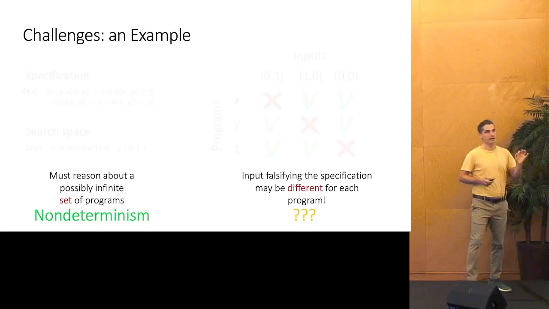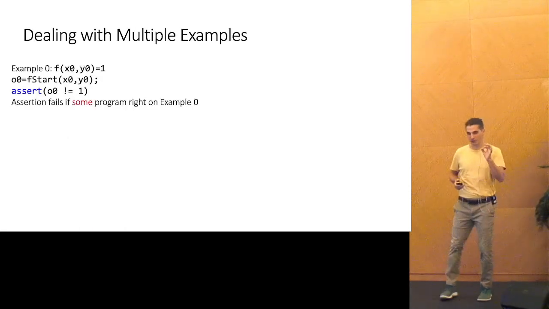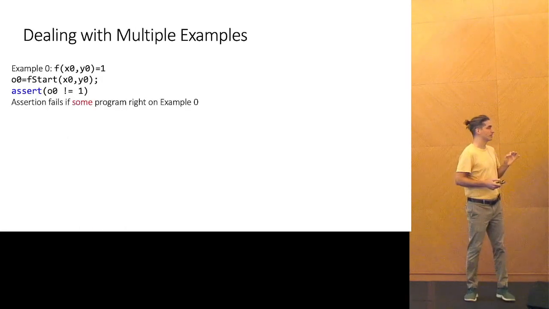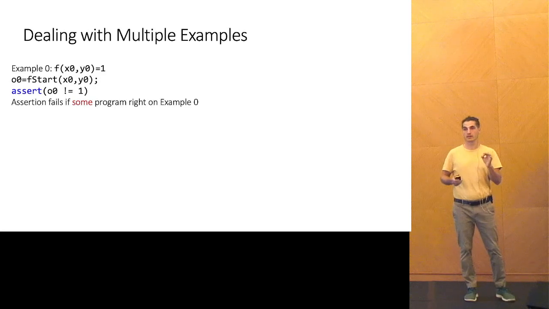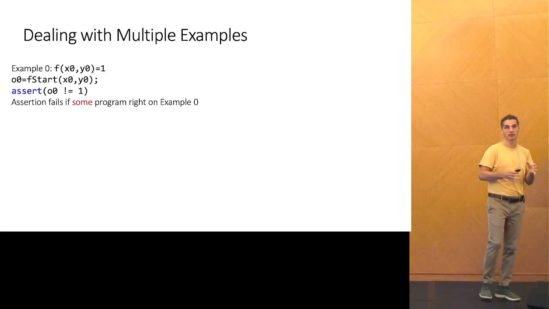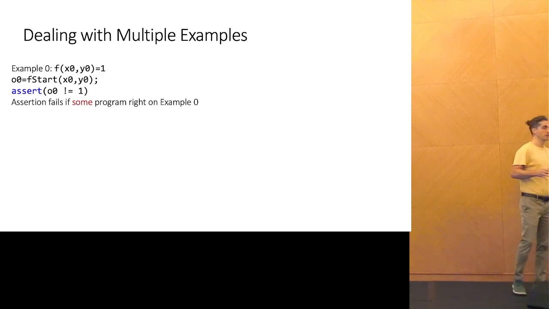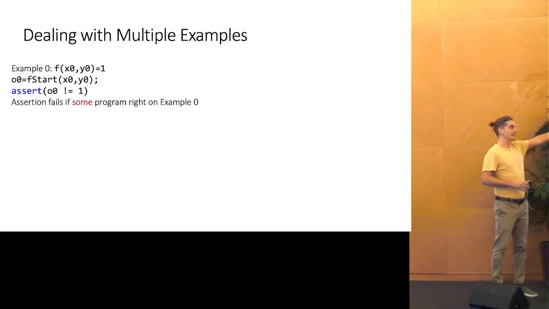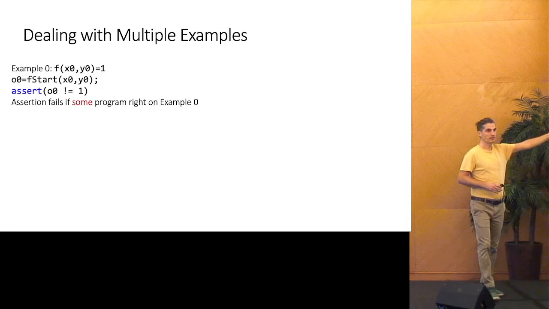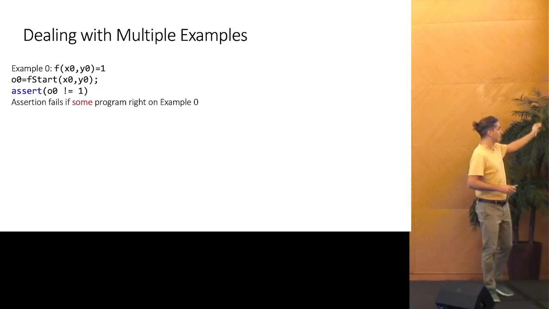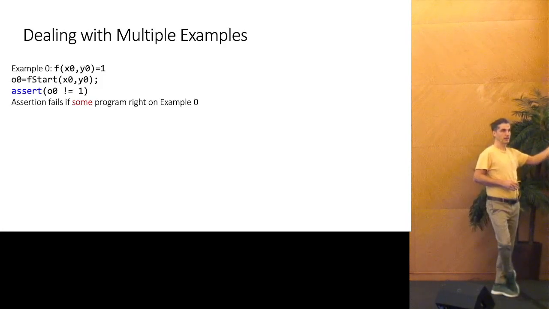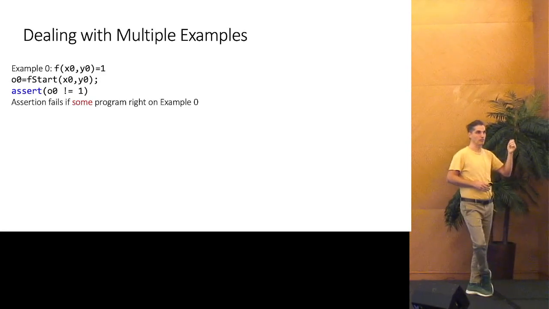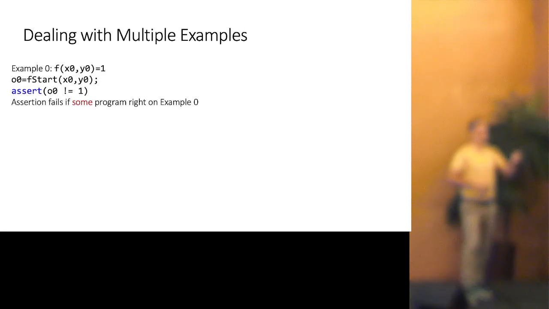So here comes the tricky part, and I want you to pay close attention to this point in the slide because it's subtle, and is one of the key points that distinguishes the problem I'm talking about from many other verification questions. The program I built guarantees that on that example, the assertion will fail, meaning I can get a program that actually outputs 1, if there exists a program that outputs 1 on this example.